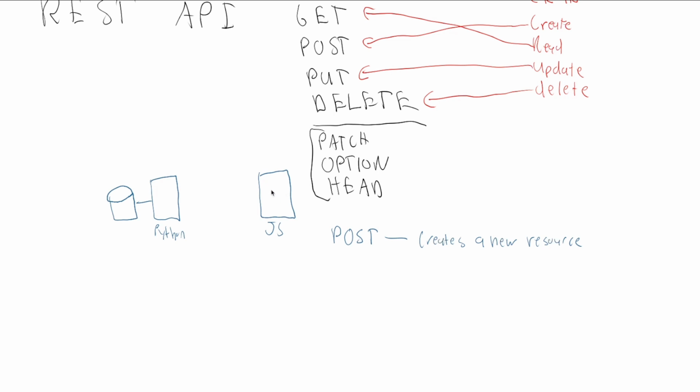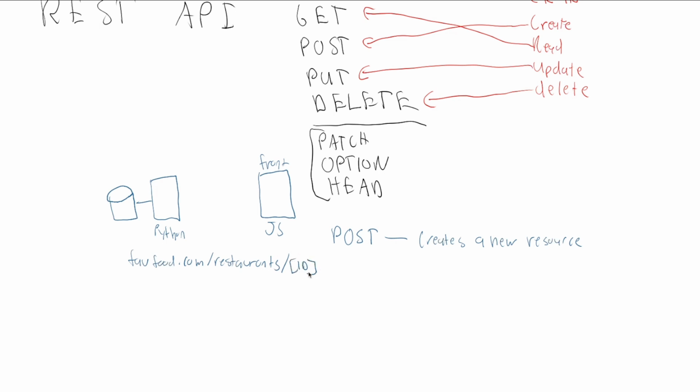So let's say this front end client here, I'm going to put front, needs to create a new resource. So my restaurant may be, or my web application may be favfood.com/restaurants/ and then this ID here will be the different types.